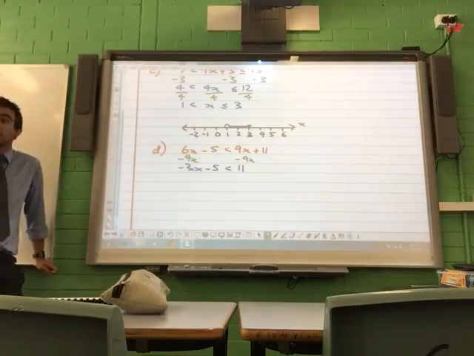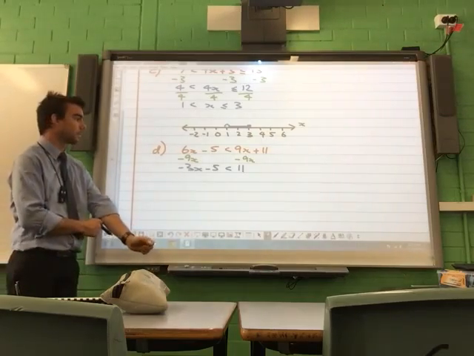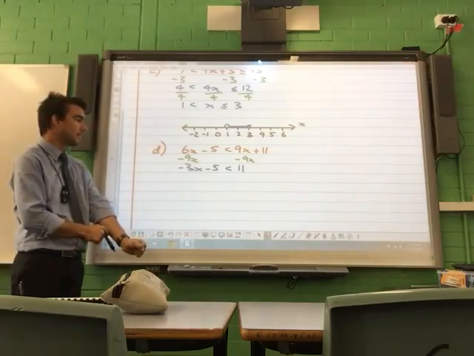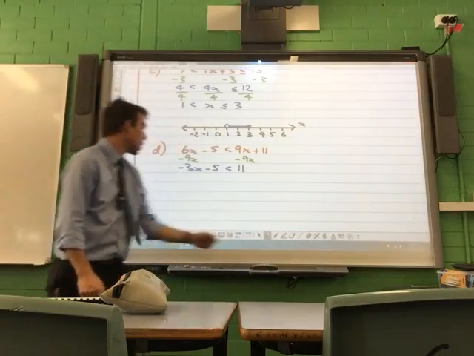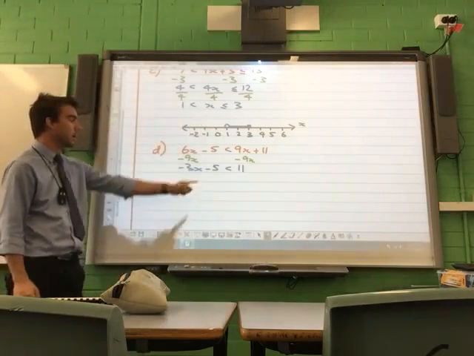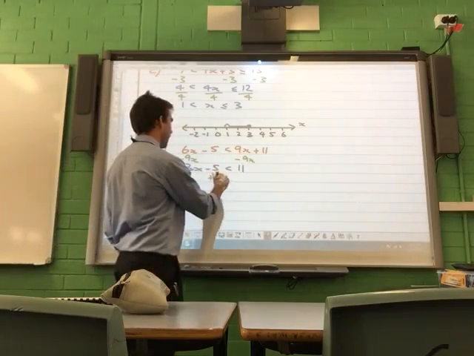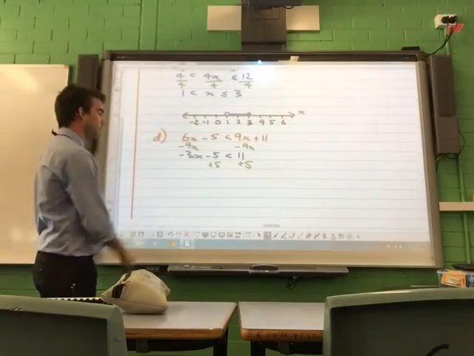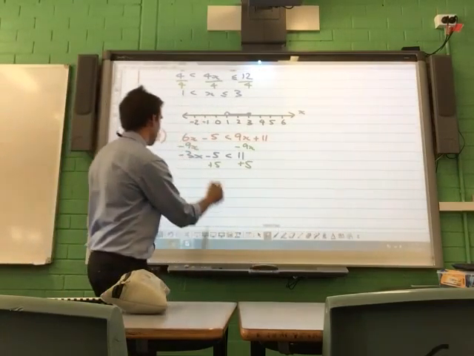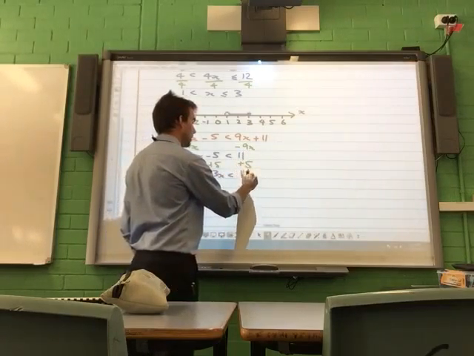Variable terms are terms with letters in there. On the second step, the constant number terms on the left hand side of the inequality sign get moved over to the right. So negative 3x is less than 16.